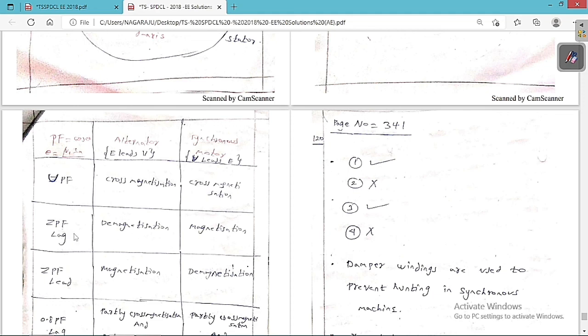Whereas for ZPF lag, we are going to get demagnetization for the alternator and magnetization for the synchronous motor. Whereas for zero power factor leading load, we are going to get magnetization for the alternator and demagnetization for the synchronous motor.